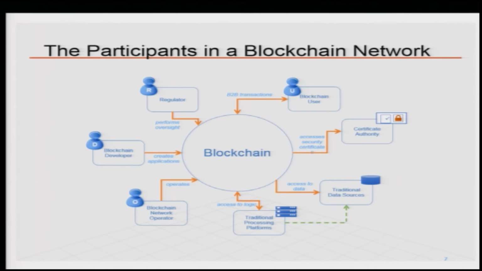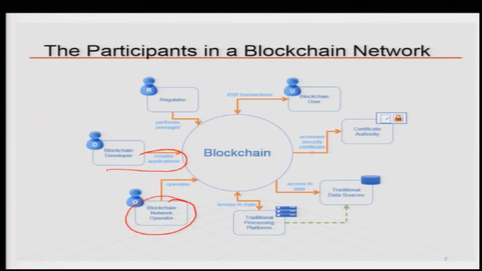Here it is actually quite different. So we have the blockchain. The blockchain developer creates applications. This is also true in Ethereum, where you can be a smart contract writer, so you are a blockchain developer. Then the blockchain network operator is the one who maintains the blockchain network, which means all the entities that maintain the blockchain, do the consensus, everything that has to be maintained by some entity.